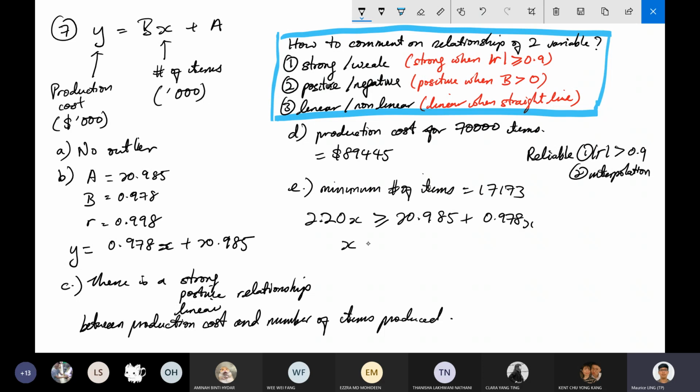So when you calculate that, x is more than or equals to 17.1726 thousand items. Therefore it is more than 17173 items.